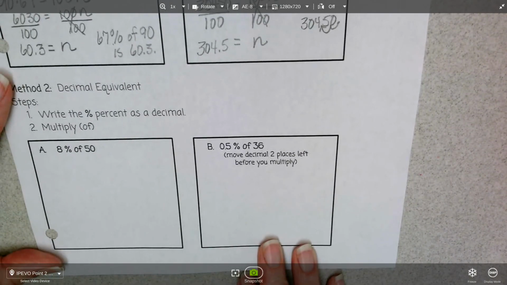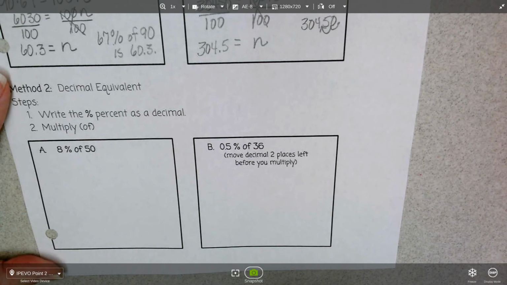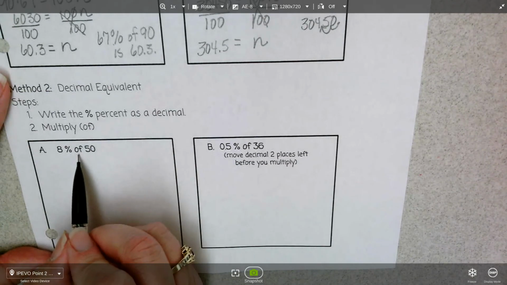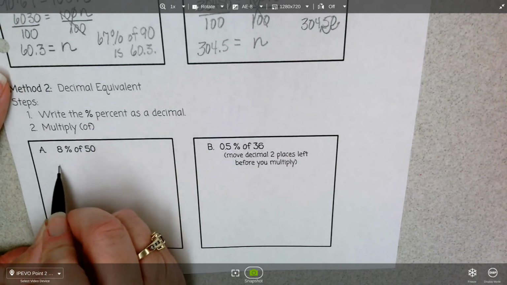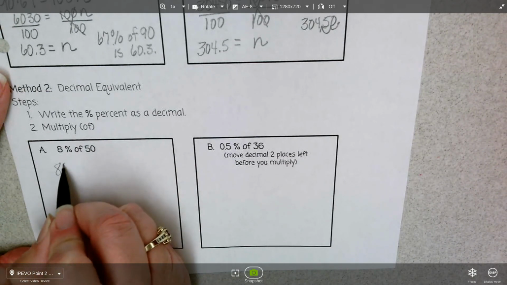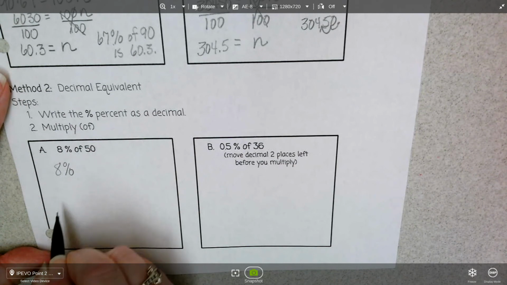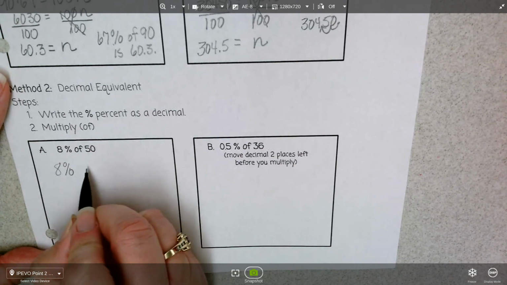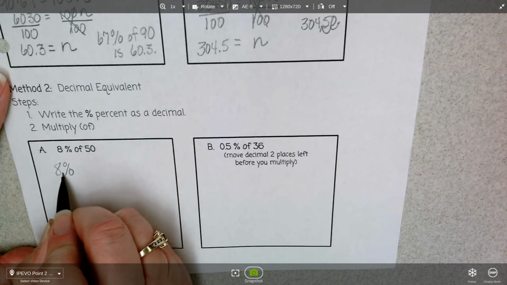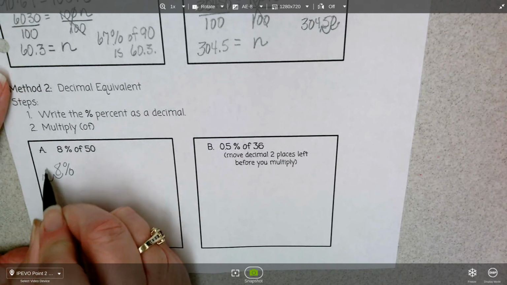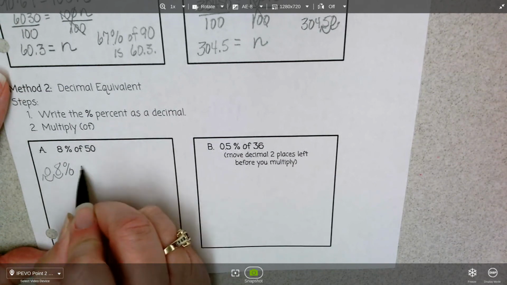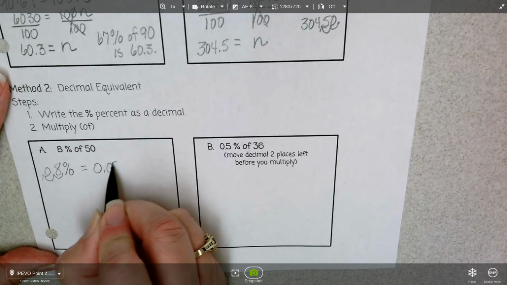Okay. Now there's another way you can do this: write the percent as a decimal and then multiply by the number. So we've got 8%. Let's write that as a decimal. 8%, we can divide it by 100, which means we'll pull that decimal out, move it 2 places to the left, and now our decimal is 8/100.